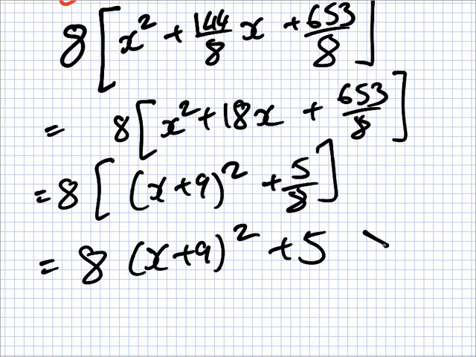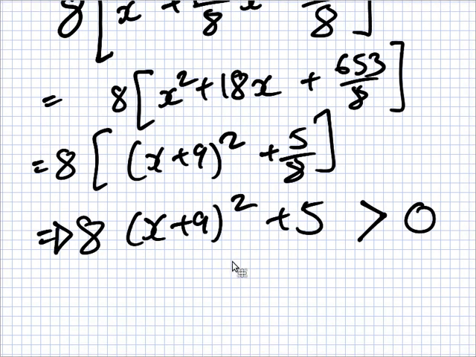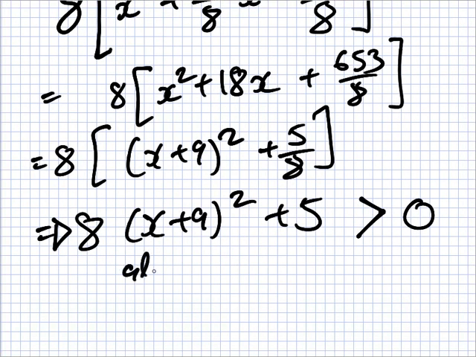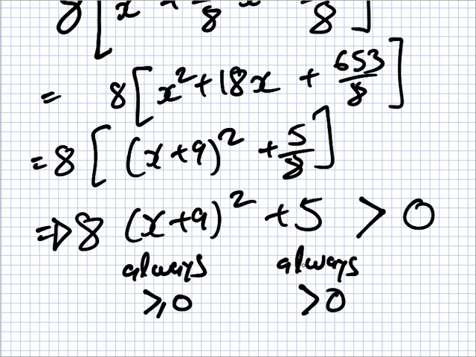Now it's quite clear to see that this has to be bigger than 0. Because this is always positive. It could actually be 0, so it's always bigger than or equal to 0. And this guy is obviously always bigger than 0 because it's 5.